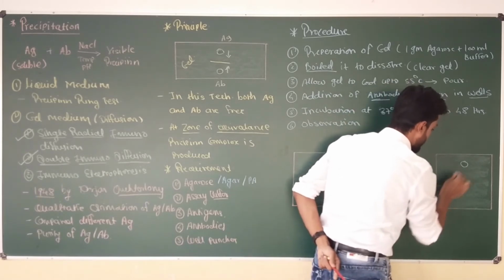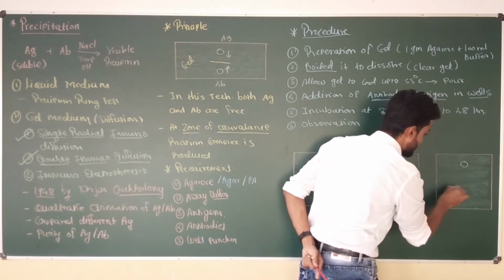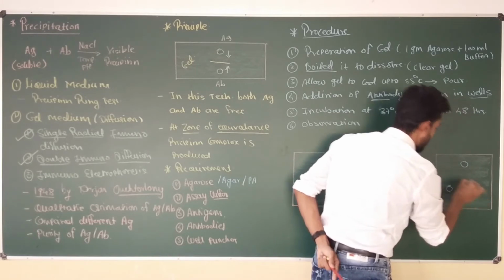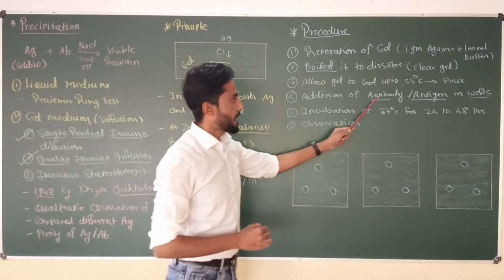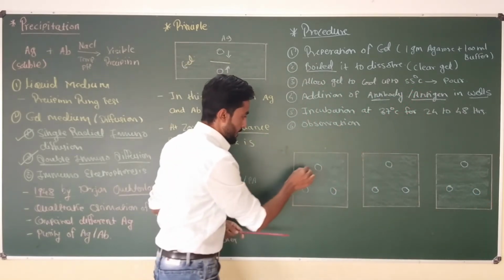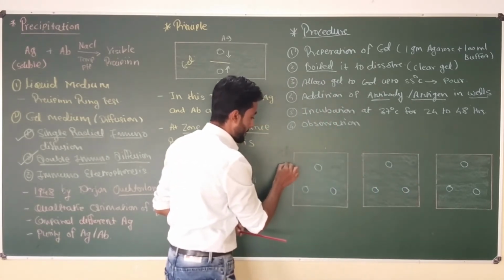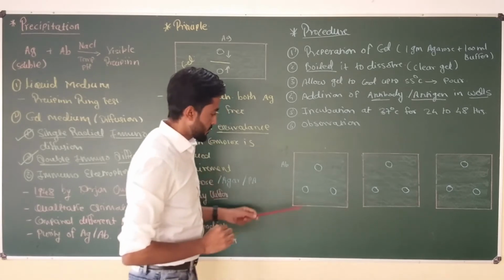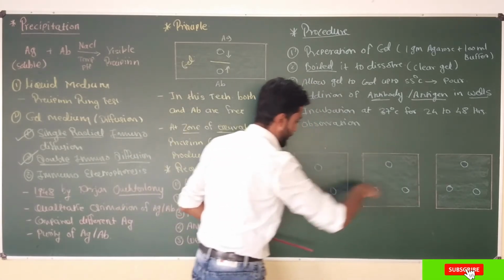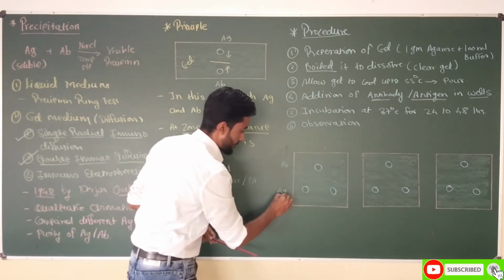After making such wells, the next step is addition of antibody and antigen. For example, in the upper well I am going to add antibody, while in all the lower wells I am going to add antigens.